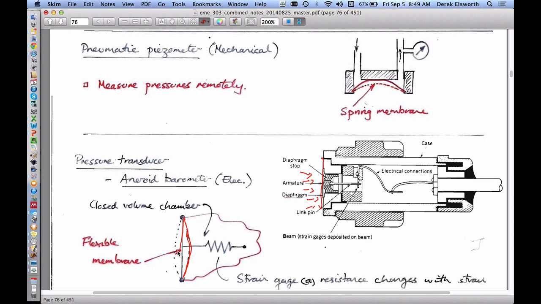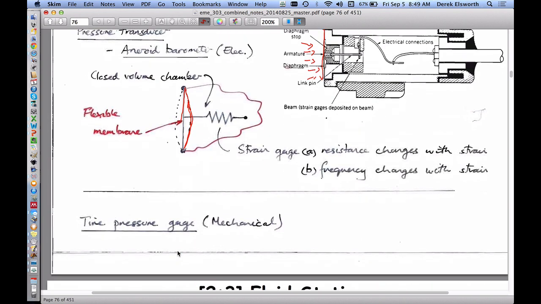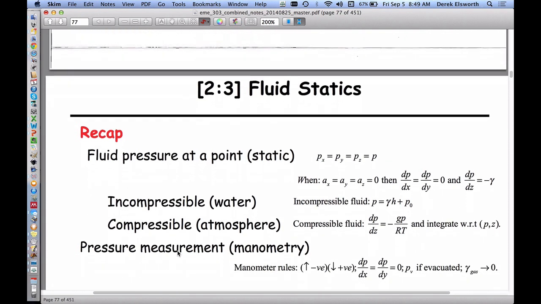Or I guess now you use PZT crystals. So PZT crystals are things that when you compress them with a stress or a pressure, they develop a voltage. They're just semiconductor crystals. And so those are then used also to be able to measure magnitudes of pressure changes. And so that's kind of what we'll say about manometry.